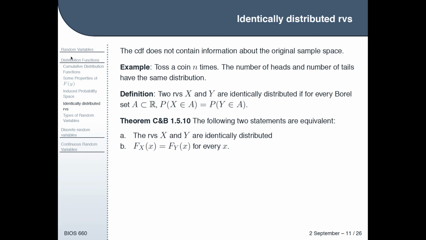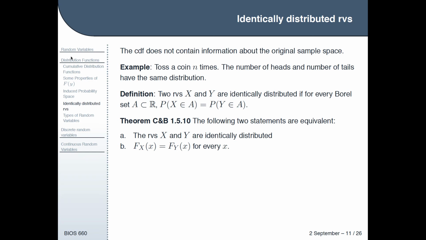There's a theorem in Casella and Berger. You can show that the following two statements are equivalent: that the random variables X and Y are identically distributed, and that their cumulative distribution functions have the same value for every possible value of x. The proof of this gets so hairy that Casella and Berger just basically say it's too hard and they're not going to do it.